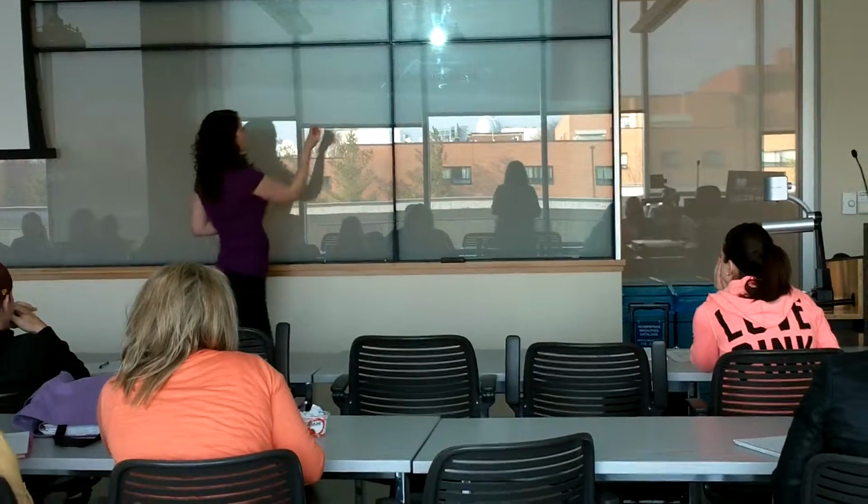Alright, so the student said the teacher was upset. Does that sentence make sense by itself without any commas? Yeah, it does. But what if we wanted it to be what the teacher is saying about the student? Where would we want to add the comma? Or commas? Any guesses? Yeah? After student. Okay.